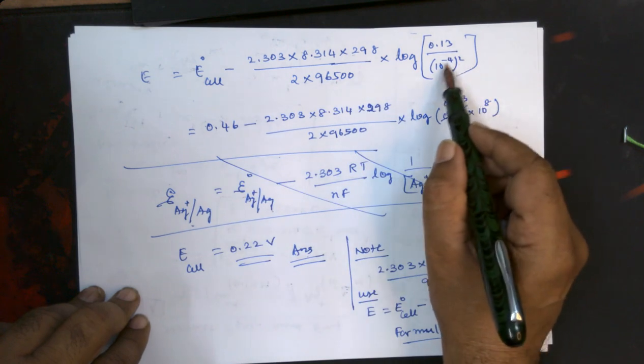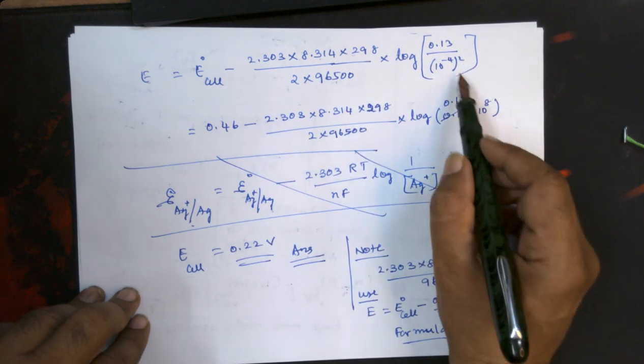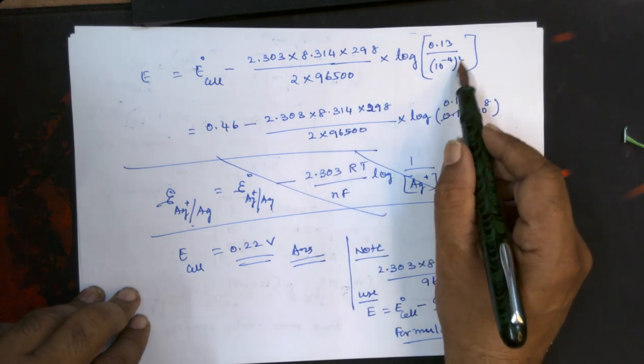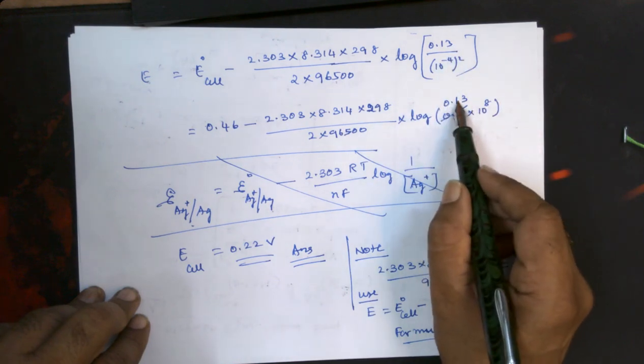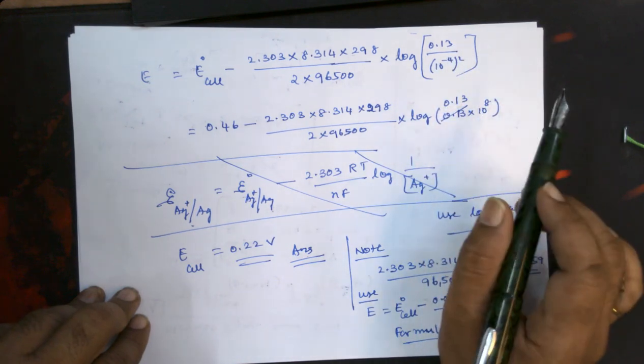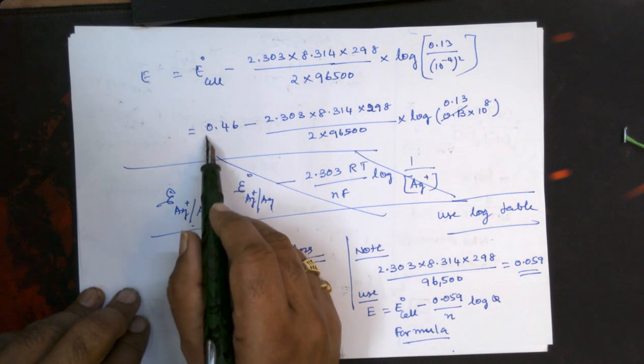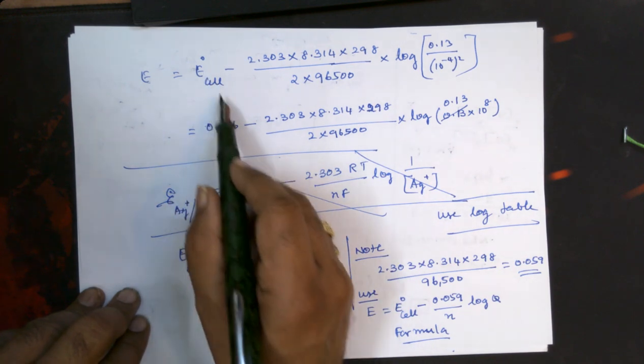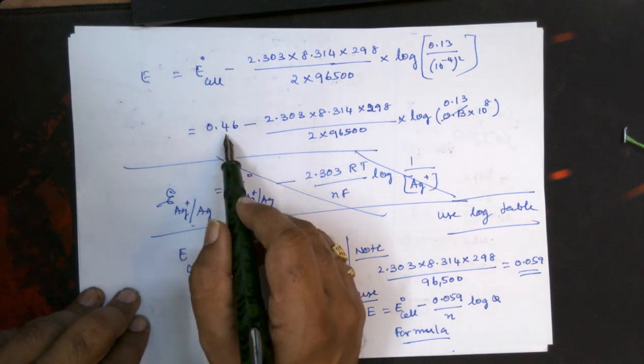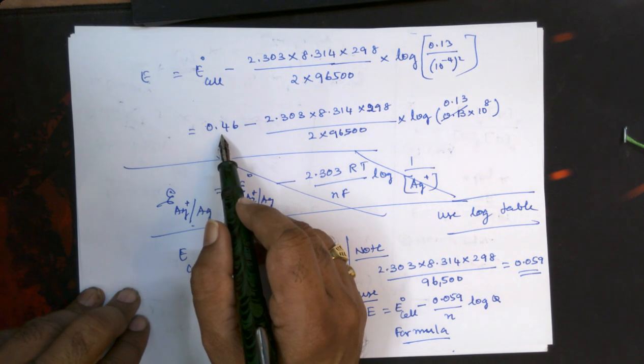And 10 power minus 4 whole squared means 10 power minus 8, and that can be brought to the numerator. So 0.13 into 10 power 8. Is it clear? Now we can substitute the value of E naught cell, that is given here as 0.46.